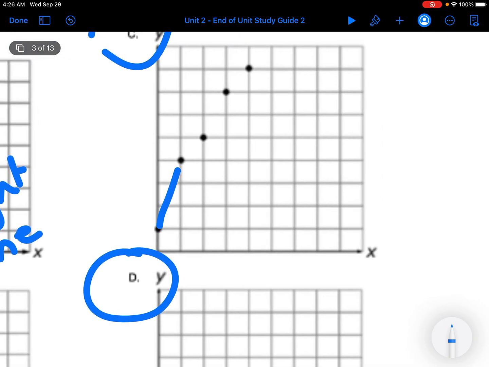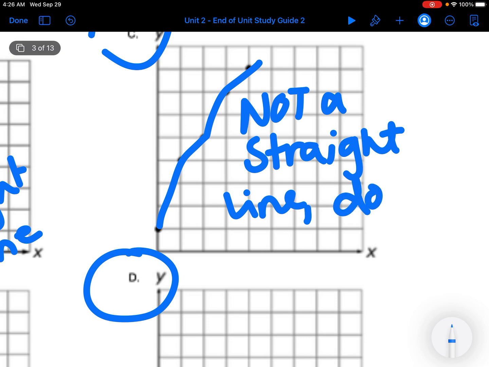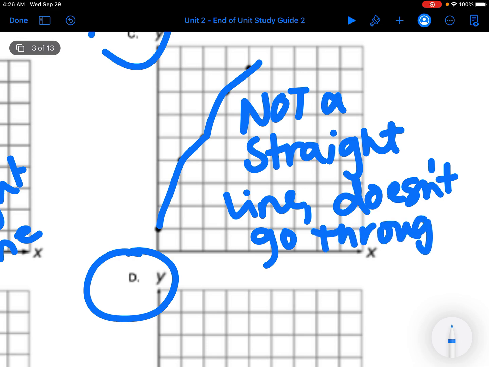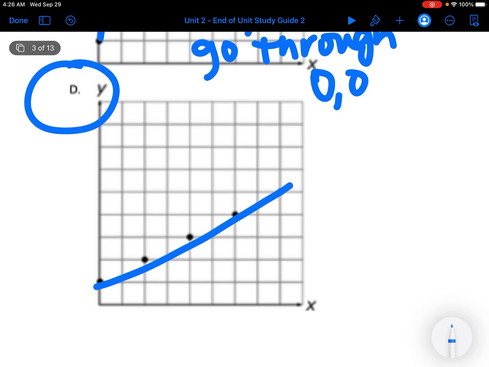I know this one is not a straight line and doesn't go through the origin. And then this one is a straight line, but doesn't go through the origin.